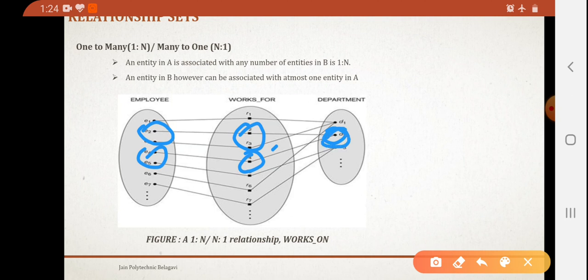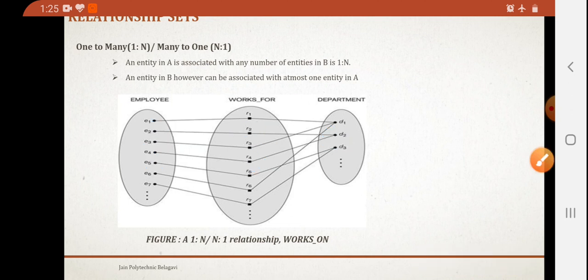Like this, there is 1 to 1 and n to 1. Department D1 has 3 employees, department D2 has 2 employees, E2 and E4, and department D3 has 2 employees, E5 and E7. So like this, one to many and many to one.